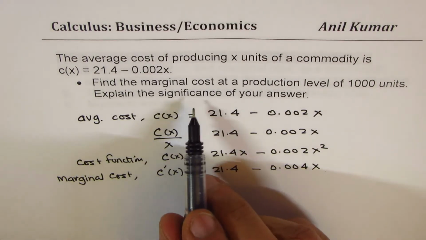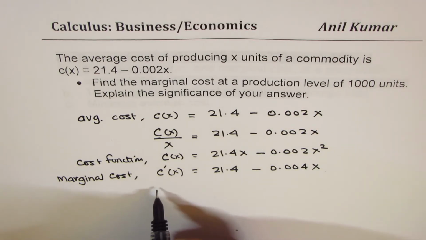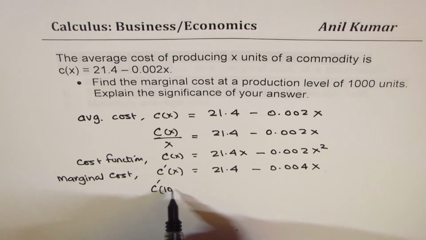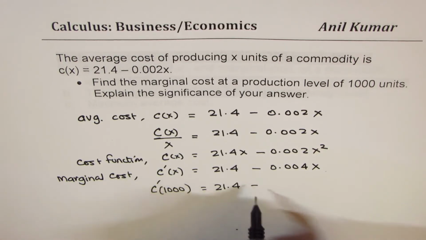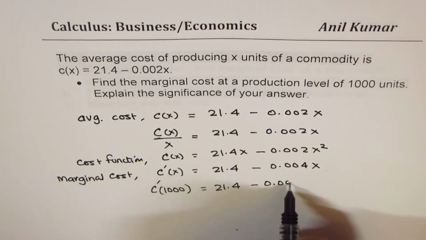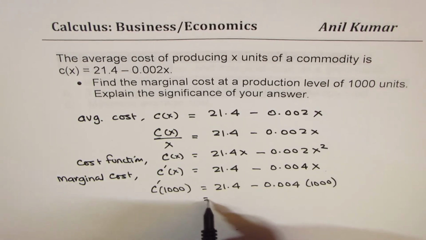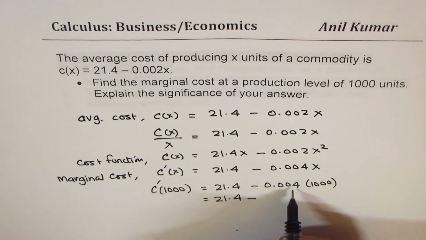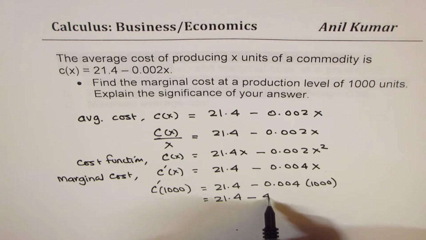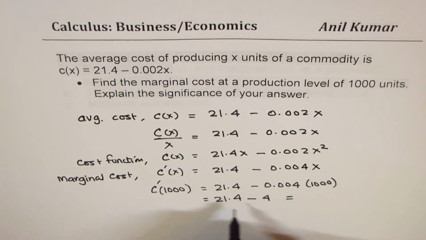Now if you have to find the marginal cost of producing 1000 units, then we'll just substitute x by 1000 and calculate the answer. Minus 0.004 times 1000, correct? So that is 21.4 minus, when you do 1000, it's 4 cents. So 1, 2, 3, 4, right? So that is 4. And that gives you the 0.4, right?